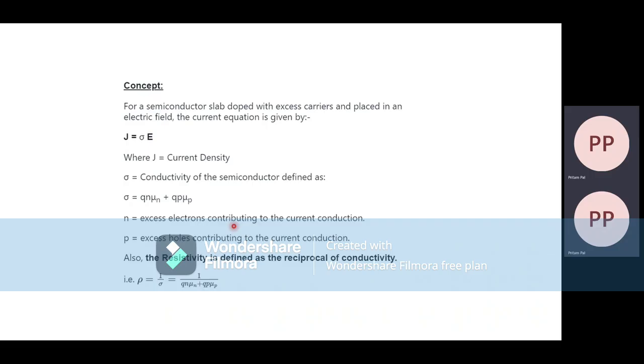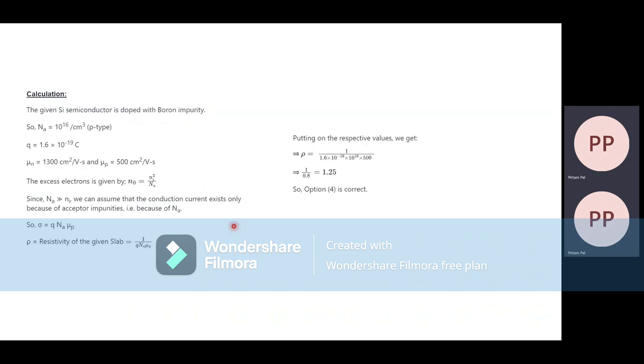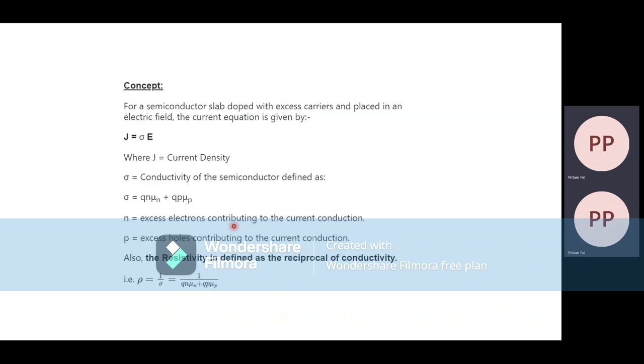Two types of charge carriers are there, that is electron and hole. N is the excess electrons contributing to the current conduction, and p is the excess holes contributing to the current conduction. Also the resistivity is defined as the reciprocal of the conductivity, so it will become 1 over q n mu n plus q p mu p.